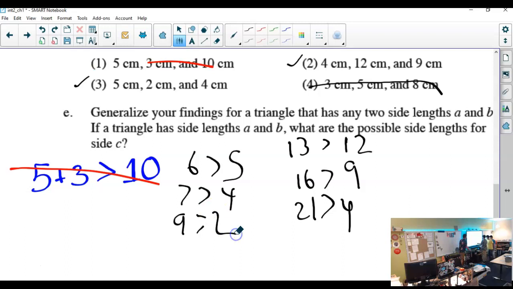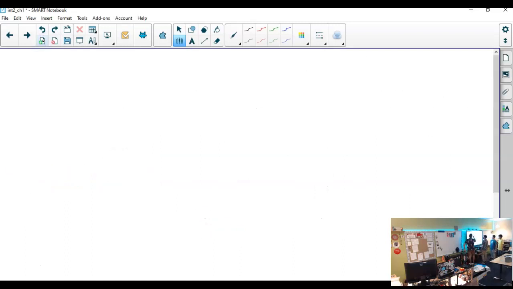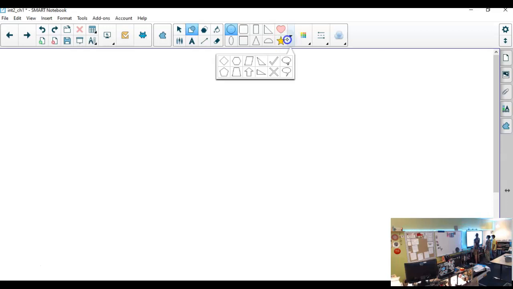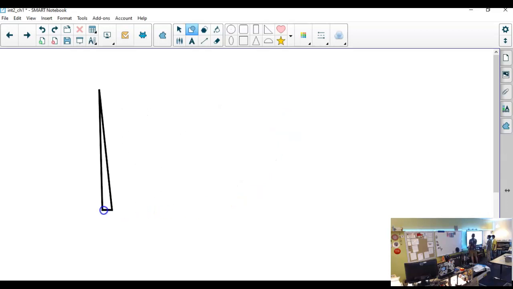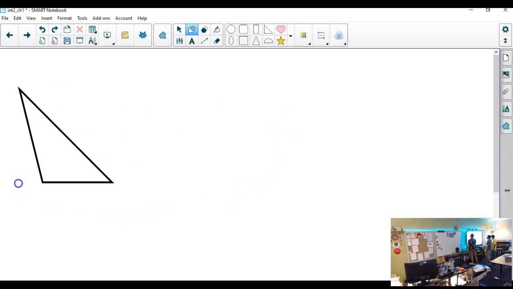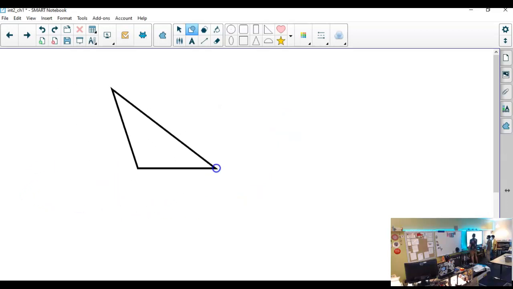So, time to play with something. When we make a triangle, and if I don't drop it, we can observe a lot of different things about how it behaves.